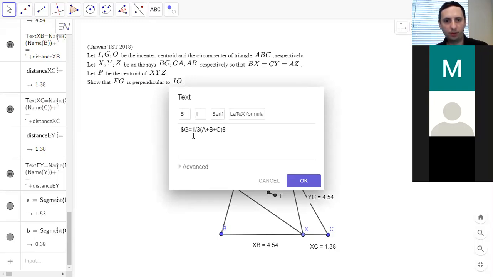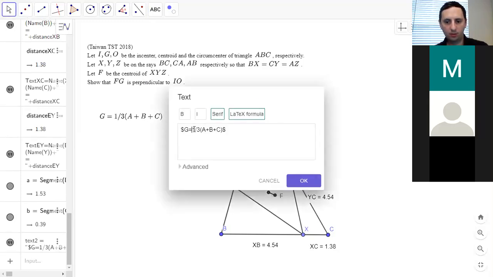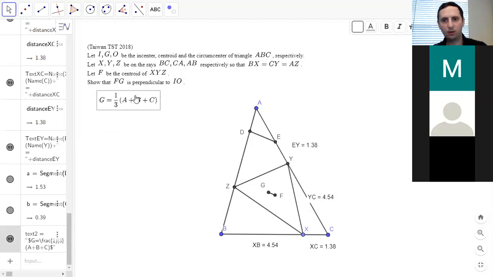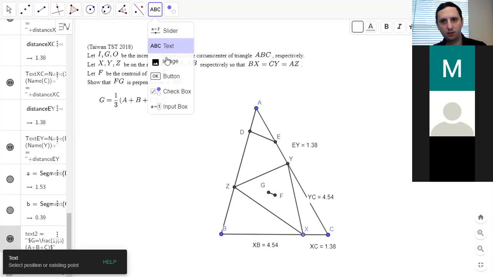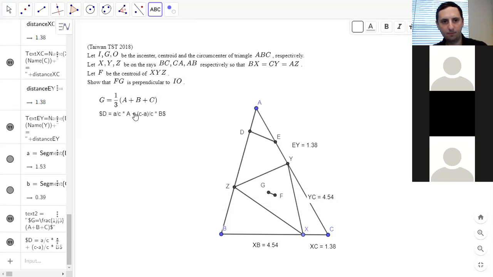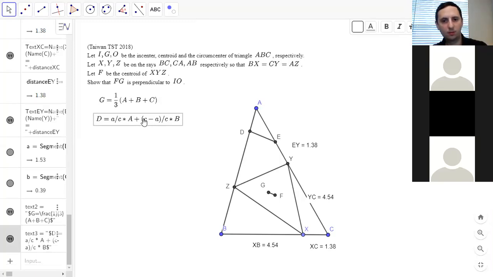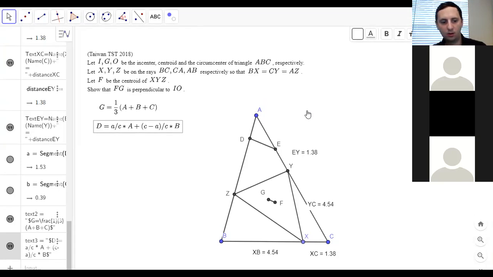So you have G is 1/3 A plus B plus C. And then we have that, and this.